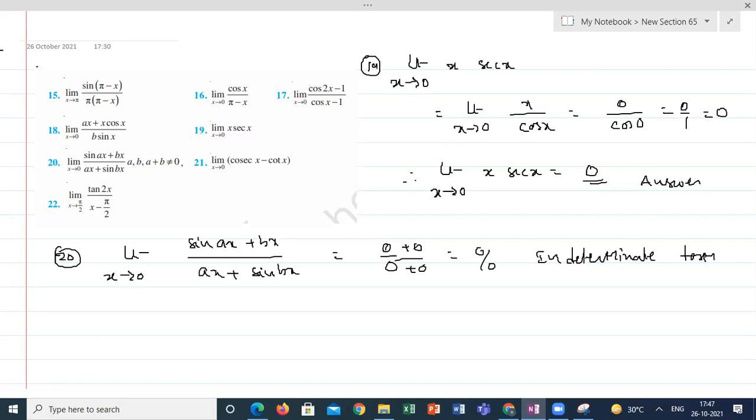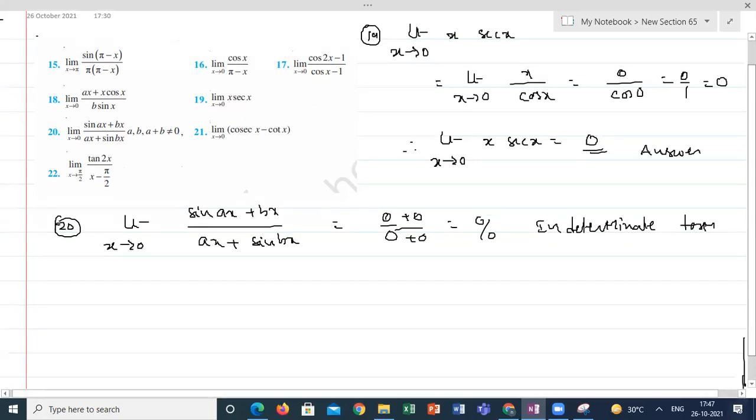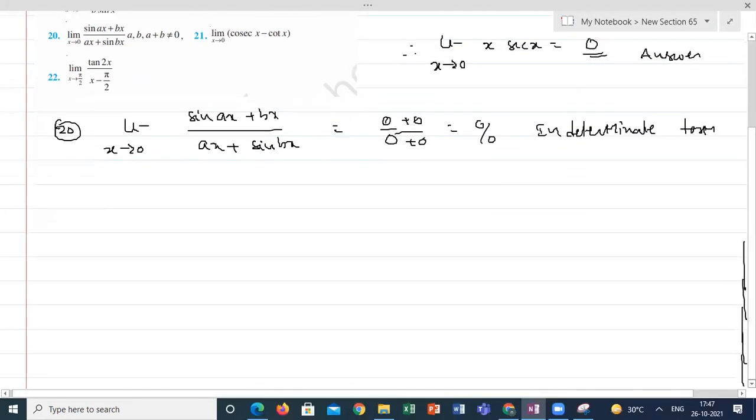Sir, we can multiply and divide it by ax and we can cancel out. Multiply and divide with ax in the numerator, and for the denominator, we can multiply and divide by bx, so that we'll get a simplified answer, sir. Now you are saying divide with ax or abx?